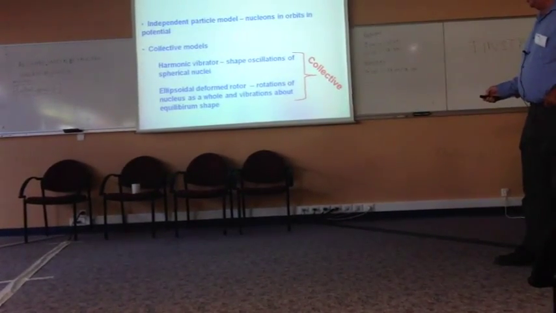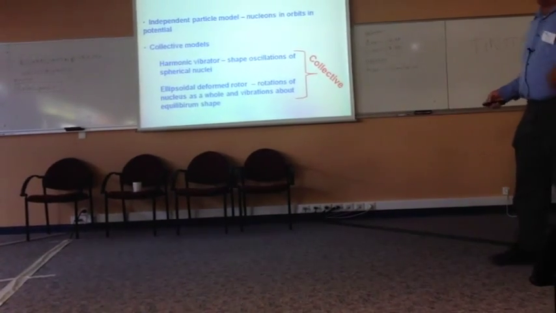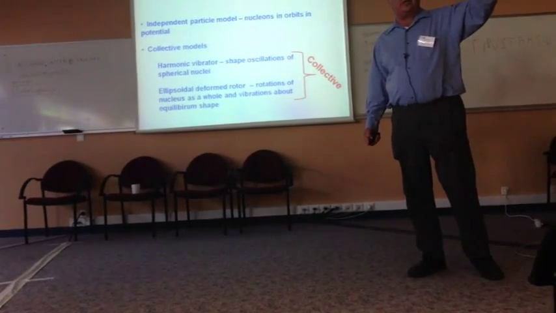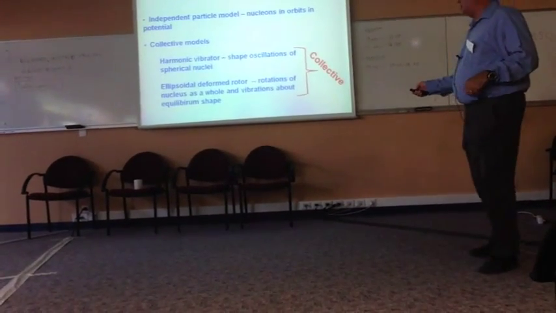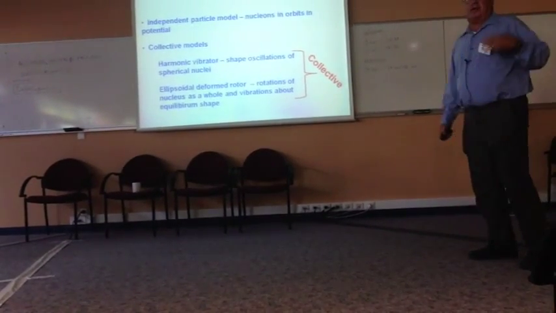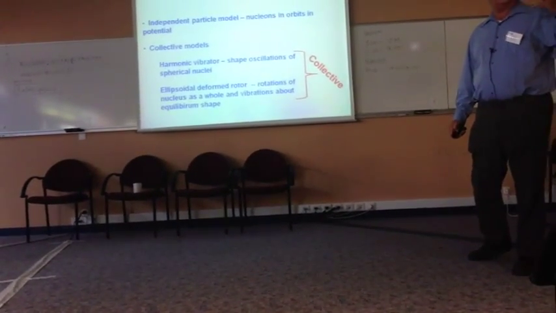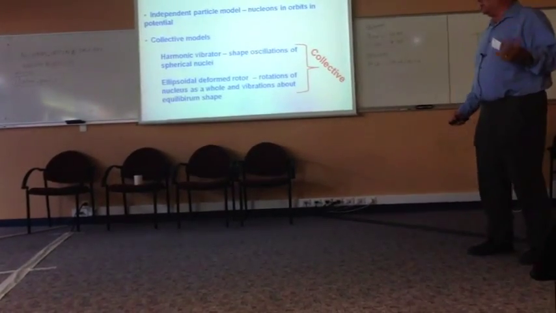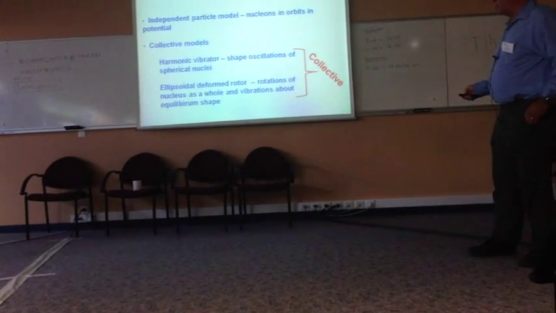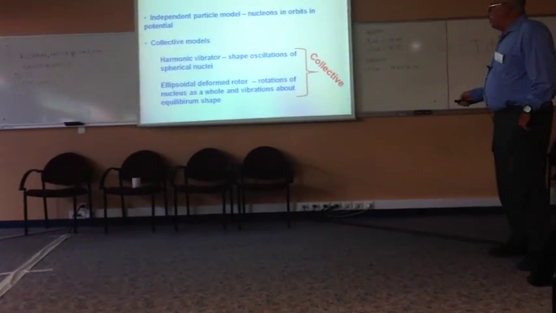You resort to collective models. Remember the very first slide I talked about a microscopic and macroscopic approach, one looking at nucleons and their interactions. This is the simplest version of that, I mean utterly simple. And then I talked about a macroscopic picture where you look at what the many-body system as a whole is doing with its own quantum numbers. That's collective models. And I'm going to talk about two collective models right now, very, very briefly.